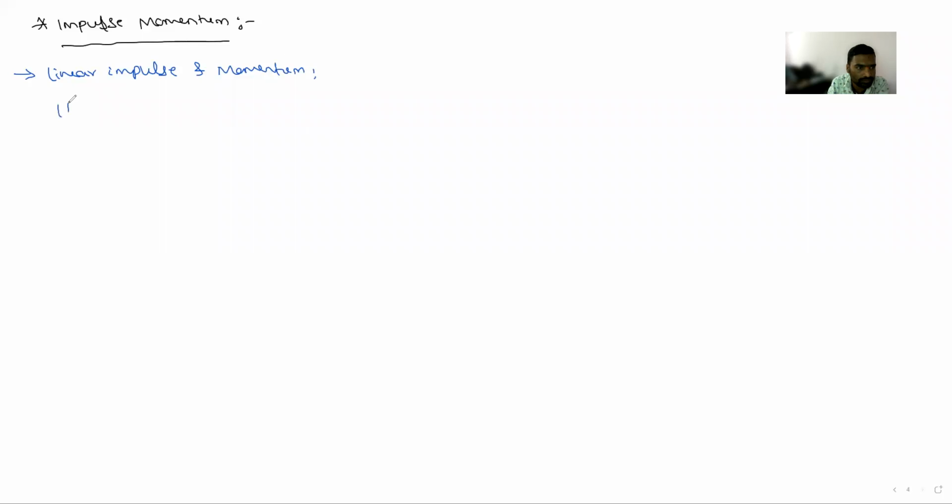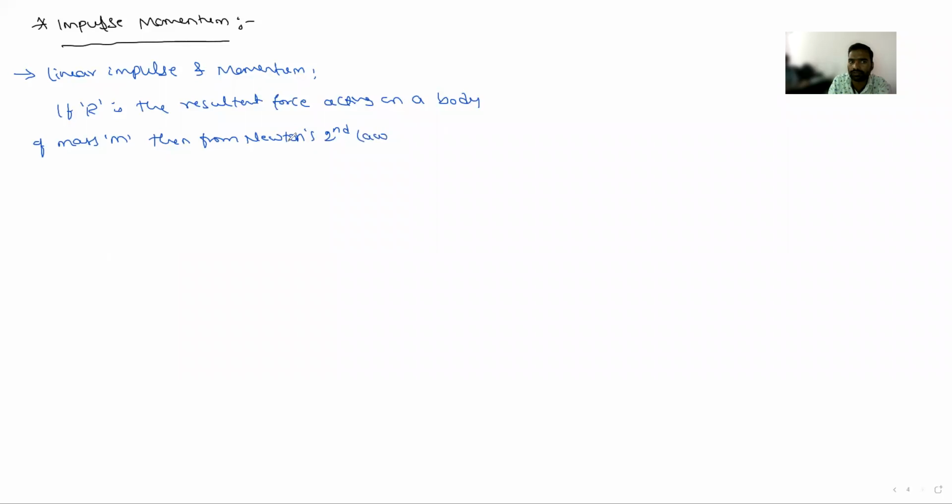If R is the resultant force acting on a body of mass m, then from Newton's second law.